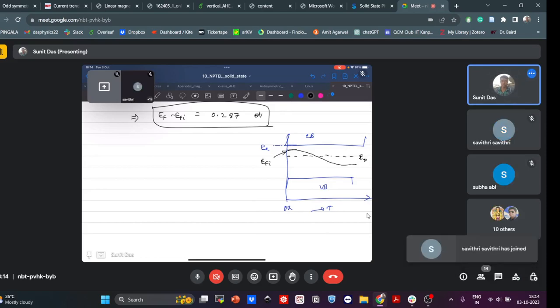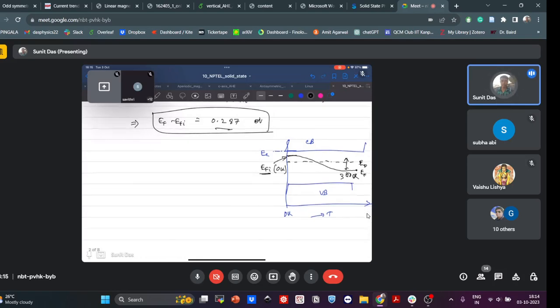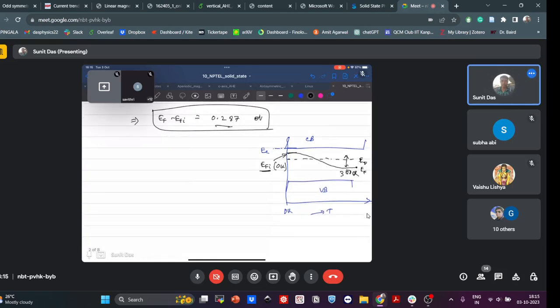This is at 0 Kelvin, and somewhere around here is, let's say, 300 Kelvin. The intrinsic Fermi energy is EFI, and now we found that EF is somewhat lower, right? This much is lower, that's why it comes out to be positive. But at 0 temperature, it is above the donor energy level.